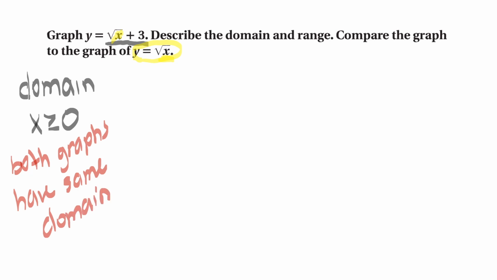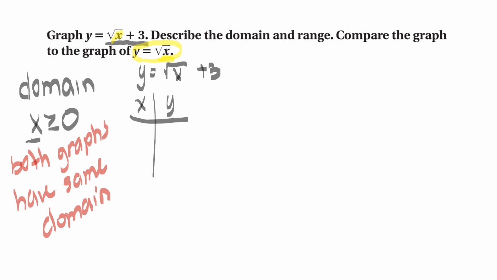So we're going to go ahead and make a table of values for each graph, and then we're going to go ahead and graph them. So we'll start with our first equation, y equals the square root of x plus 3. So we're going to look at our x values and our y values. Now for x, I'm going to pick perfect squares. It's just going to make life easier.